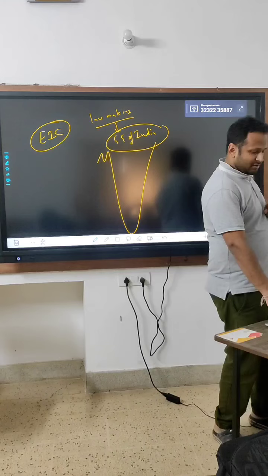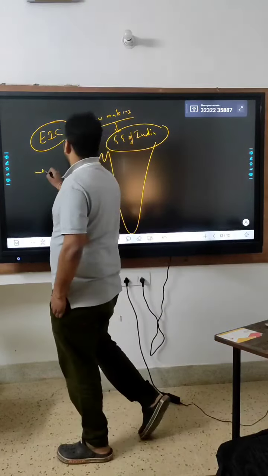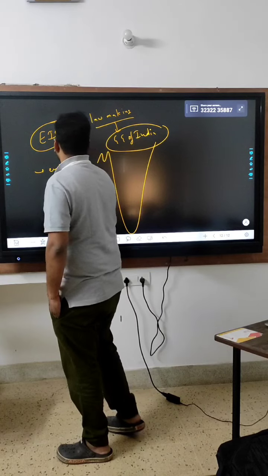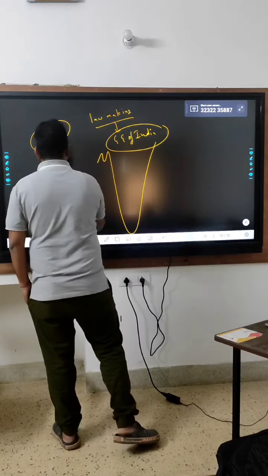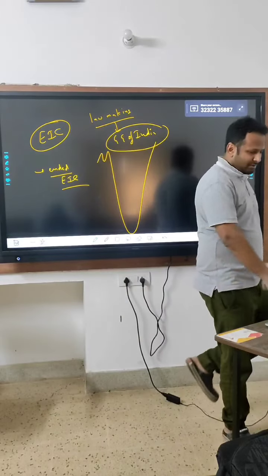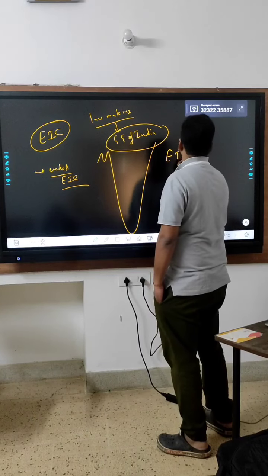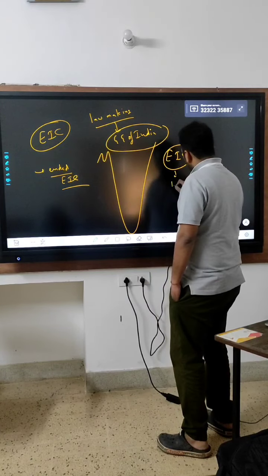So it ended the activities of East India Company as a commercial body, which became a purely administrative body. So now EIC became what? Administrative body.